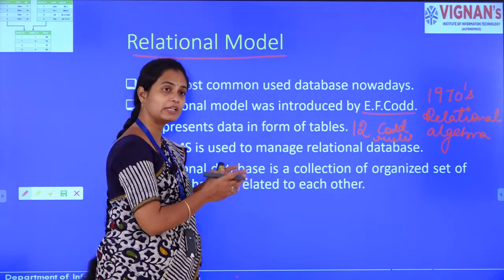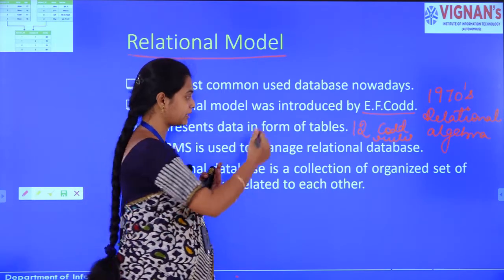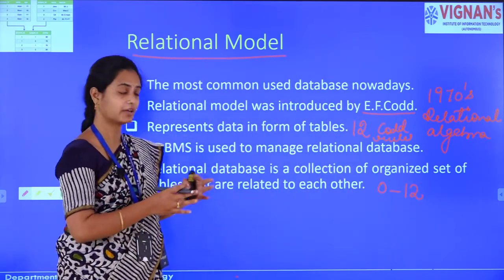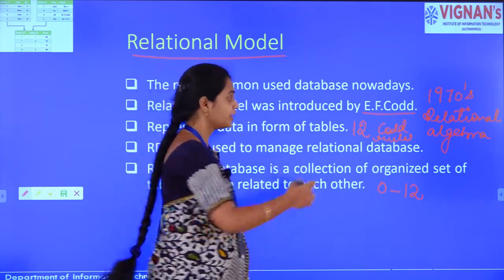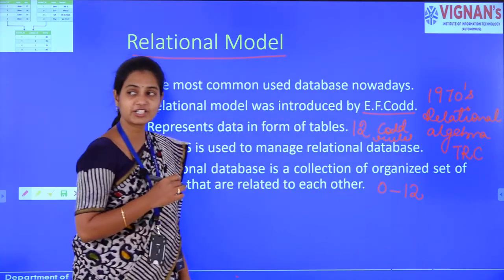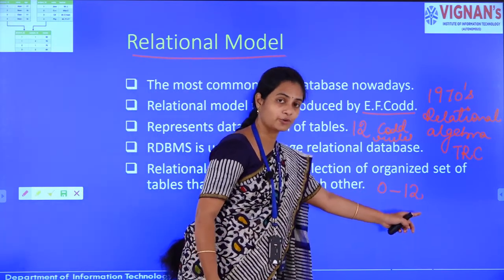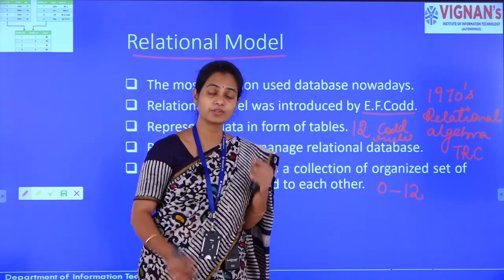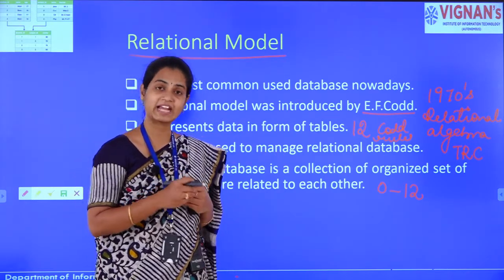He proposed the Codd rules ranging from 0 to 12, a total of 13 rules, using relational algebra and tuple relational calculus, which include the information rule, view update rule, and rules like logical independence and physical independence.